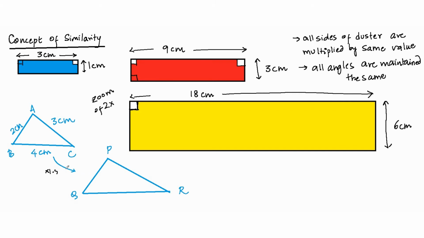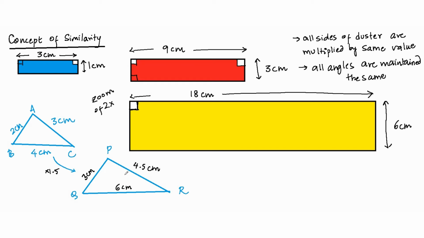If each side is multiplied by 1.5, then this side becomes 3 centimeters, this side becomes 3 into 1.5, that is 4.5 centimeters, and this 4 centimeter base will be multiplied by 1.5 to make it 6 centimeters.